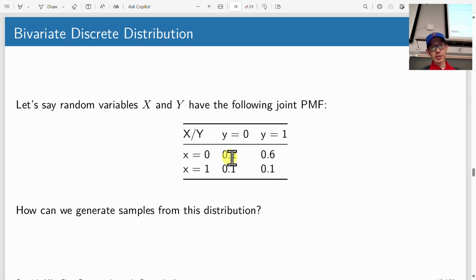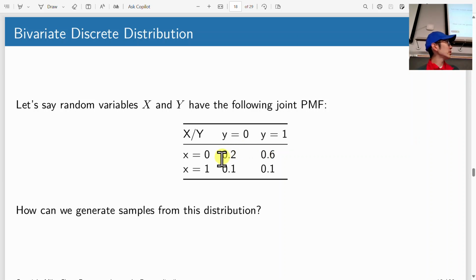So when x is 0, y is more likely to be 1 than 0, 0.6 versus 0.2. But when x is 1, the probability that y is 1 or 0 is the same, 50-50. So these things are not independent, and how are we going to generate samples from a distribution like this?